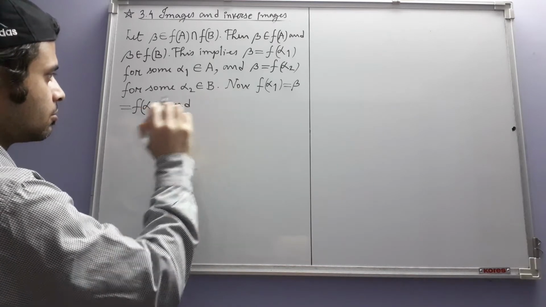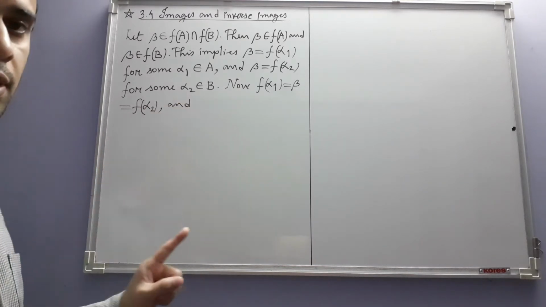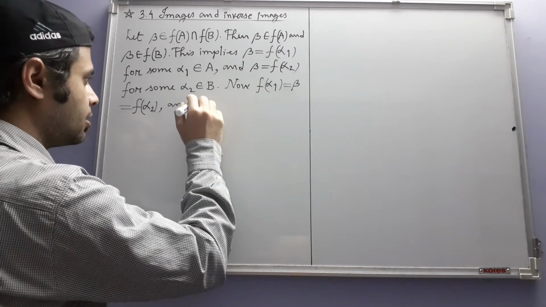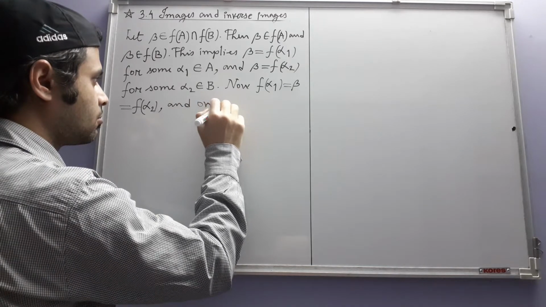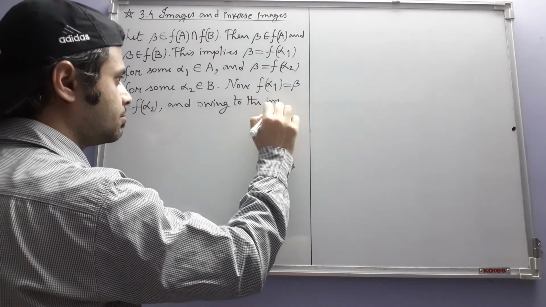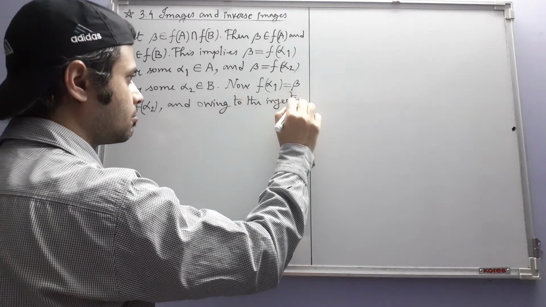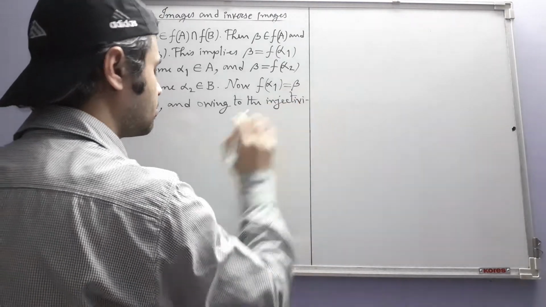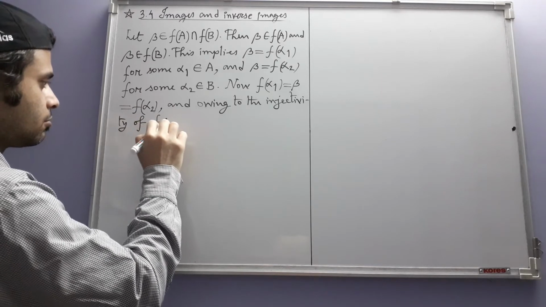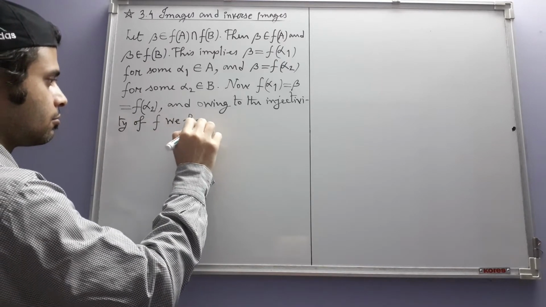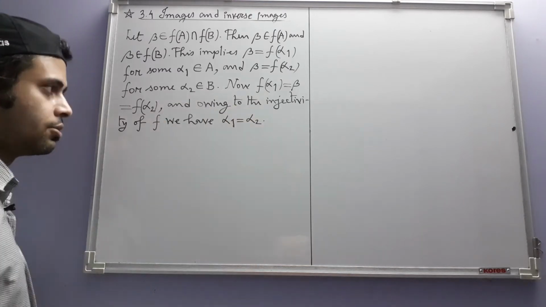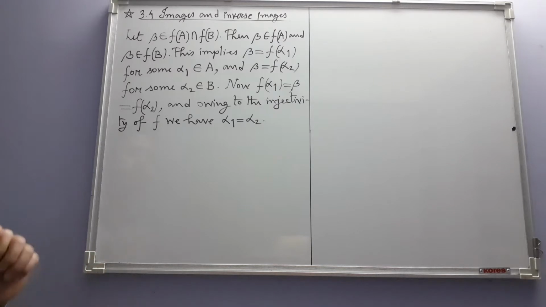and the fact that f is injective will imply that alpha 1 is equal to alpha 2. Owing to the injectivity of f, we have alpha 1 is equal to alpha 2. Now look at this.